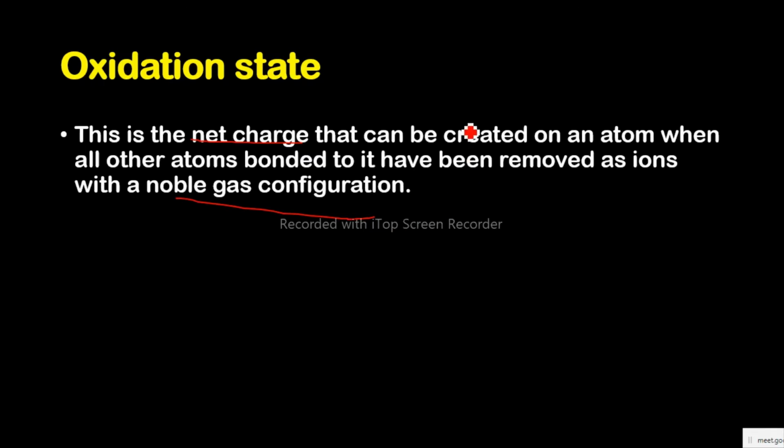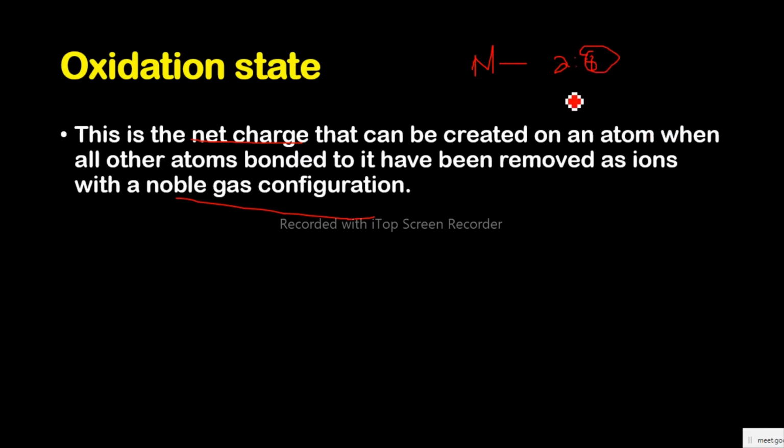But metal atoms do form ions by losing electrons, so that they form that noble gas configuration. If it is sodium, it becomes 2, 8. This 8 means the outermost energy level is fully occupied, and so that is a noble gas configuration.